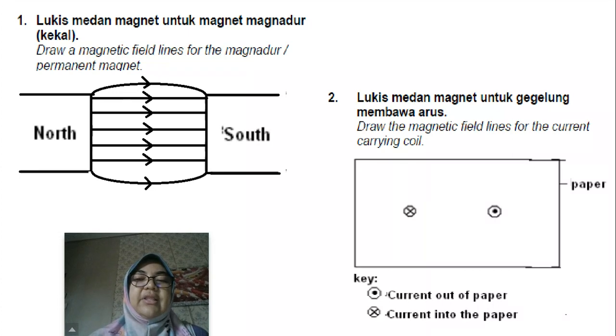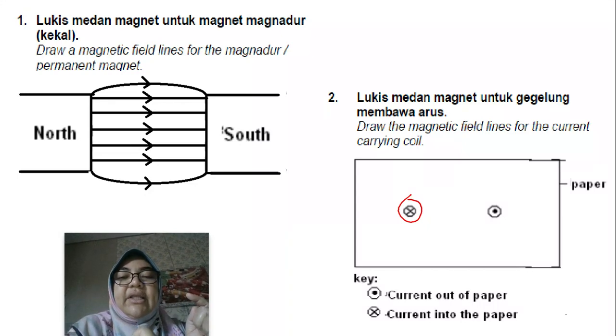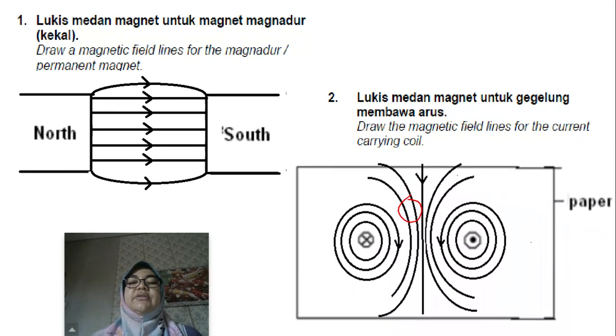So for the first one, the cross sign, current into the paper. So we take our right hand and take our thumb and point it into the paper or into the screen. Okay, so this would be the direction of the magnetic field.